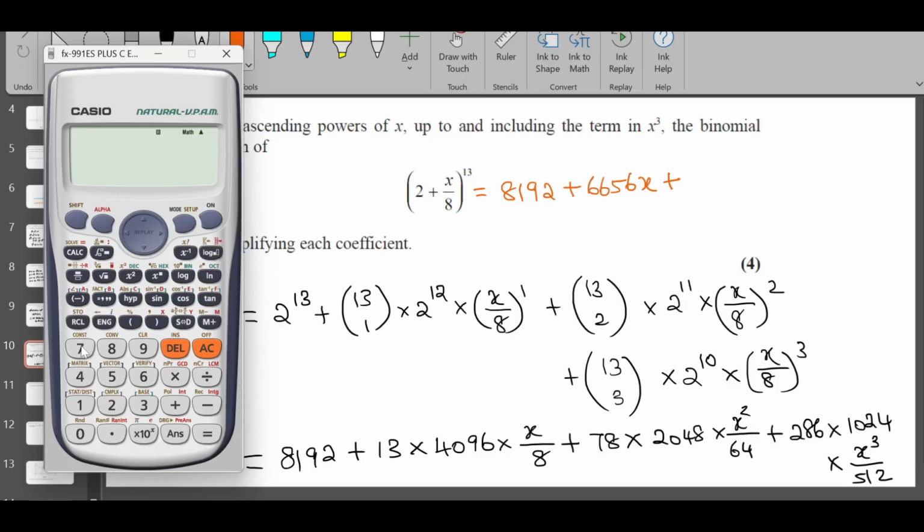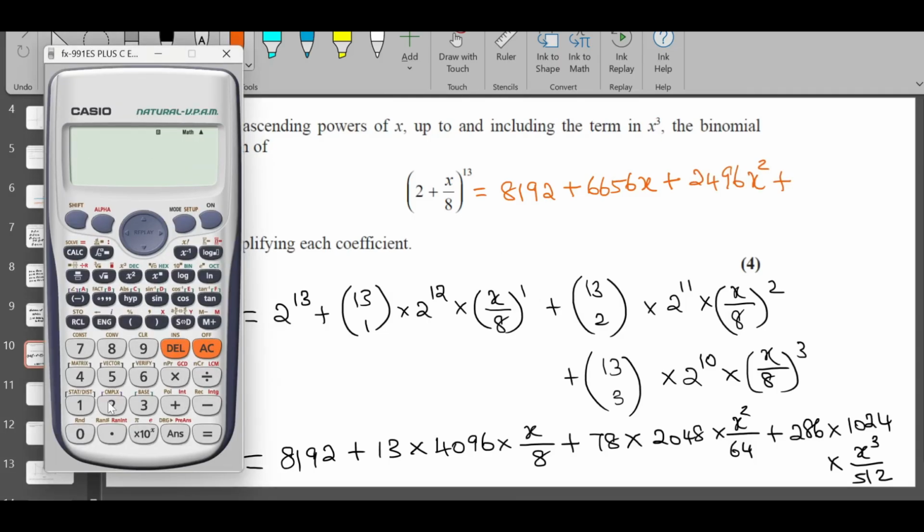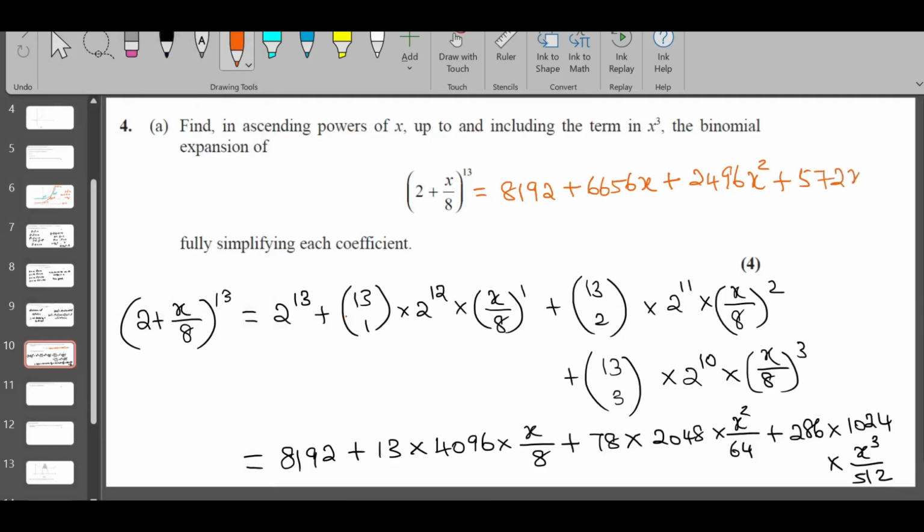Now 78 times 2048 divided by 64 is 2496x square plus the last term is going to be 286 times 1024 divided by 512, 572 x cubed. That's the expansion.